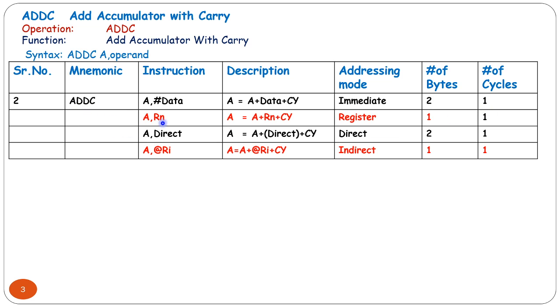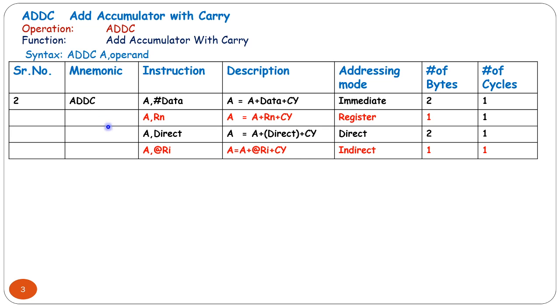ADDC A, Rn: the content of the carry flag bit plus the content of general purpose register Rn, where n may be 0 to 7, is added to the accumulator and the result is stored in the accumulator. This instruction has register addressing mode.